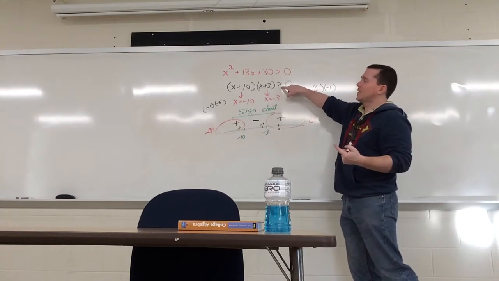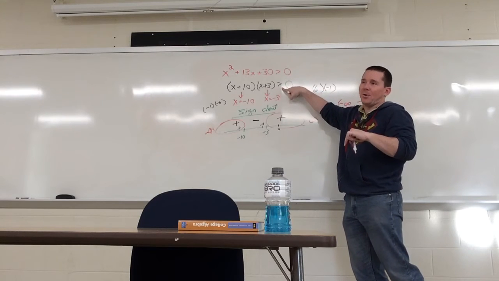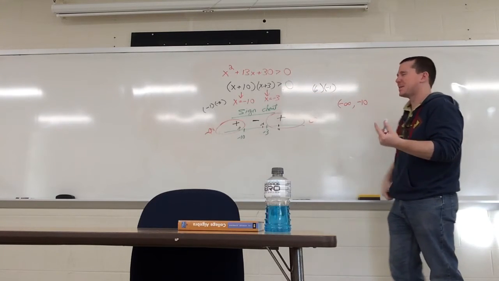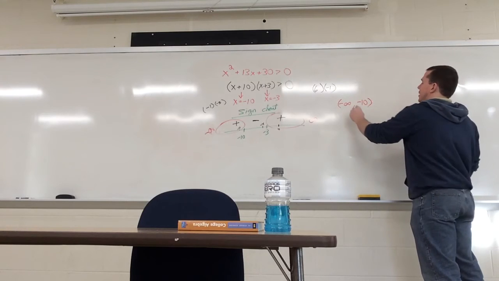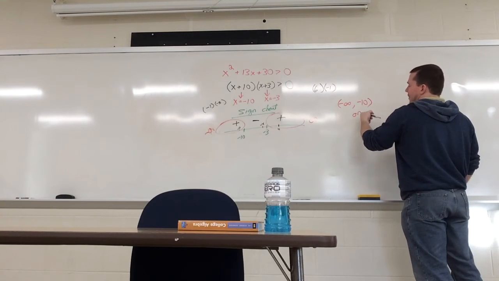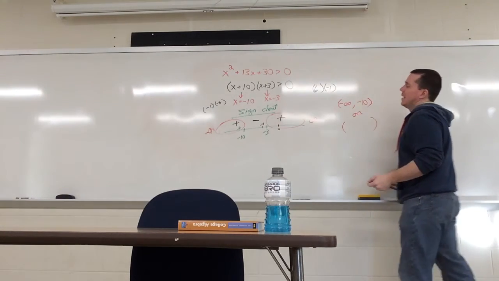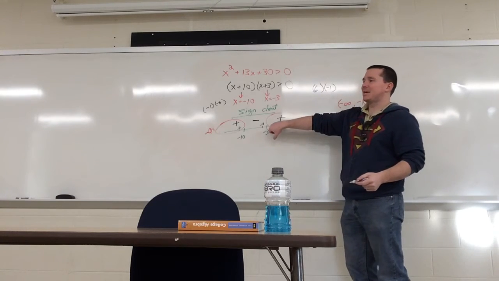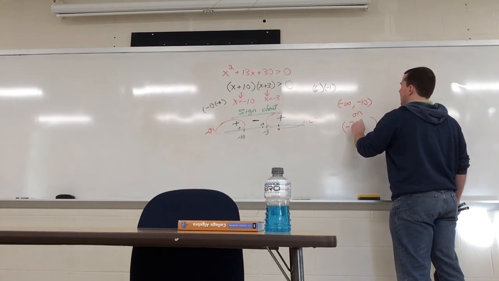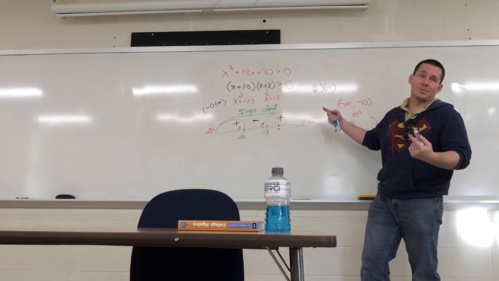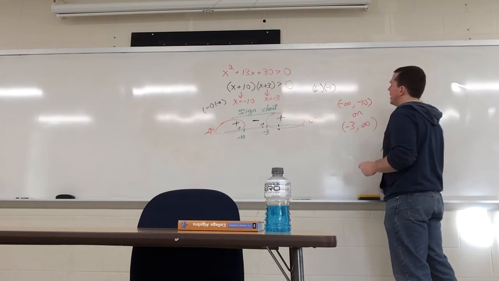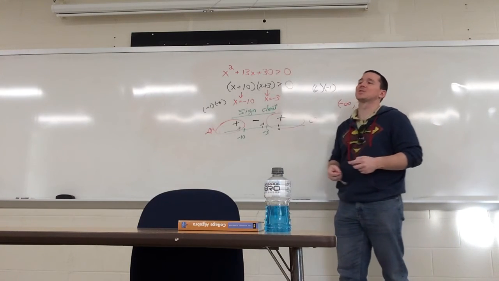In this case, this is a strict inequality. We're not including the endpoint, so we write a parenthesis, an open set in math speak. Or, that's a cursive R. We want this interval. We're starting at negative 3. So negative 3, and we go out to infinity. And we're done. And again, that's a parenthesis, because there's still a strict inequality.